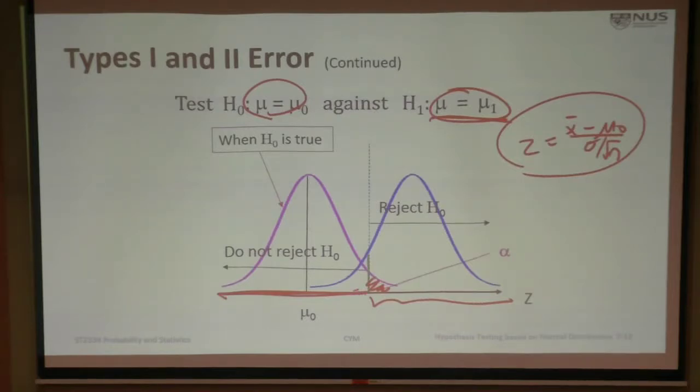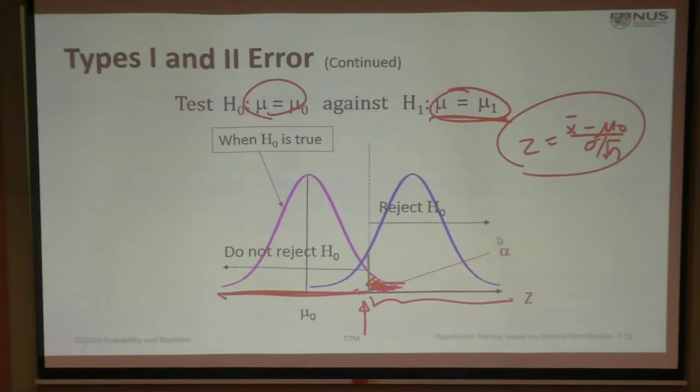So that's how we decide on a range such that when z is below this value, we do not reject the null hypothesis. But when it is bigger than that value, we reject the null hypothesis. And the chance of committing a type 1 error is represented by the probability of going over this range. So it's equal to alpha.